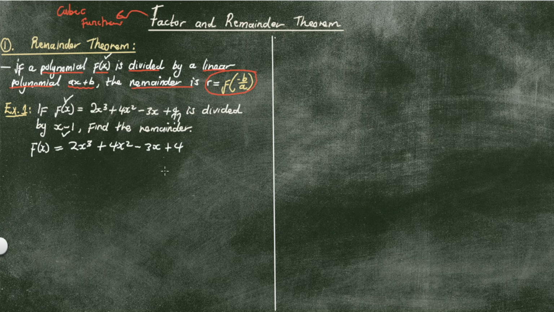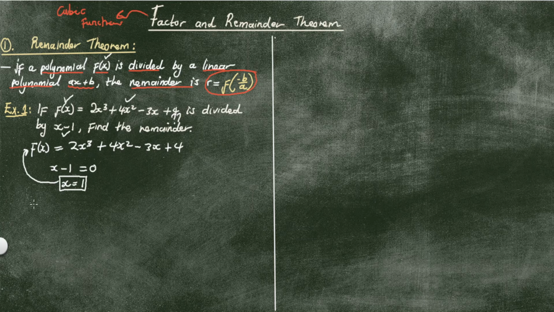So I'm just rewriting what's above. Alright, you take what you are dividing with, you equate it to 0, then you solve for x. X is equal to 1. You're gonna take this x equal to 1 and substitute it into the original equation.